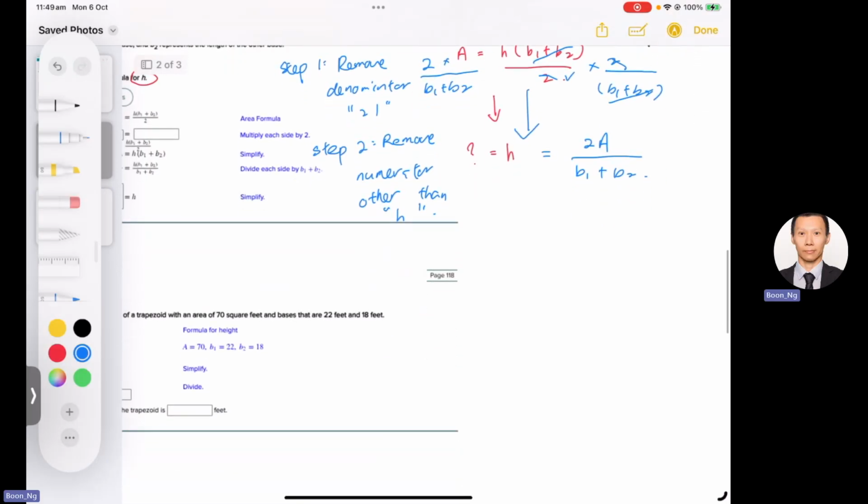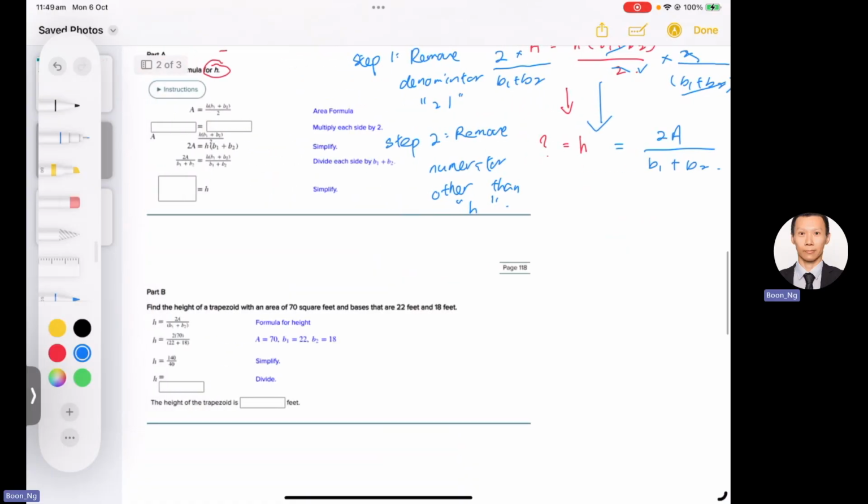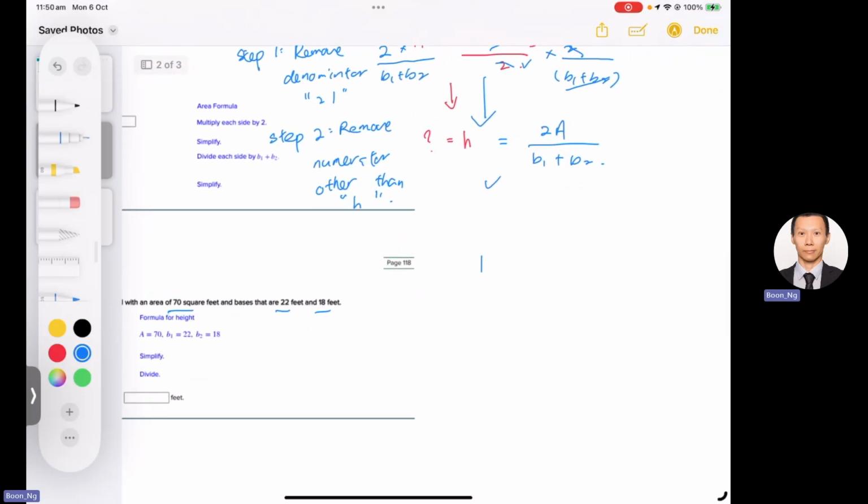Now, using this formula, we need to look for the height of a trapezoid with area 70 square feet and two bases, 22 and 18. So H equals area 70, base 1 22, base 2 18.